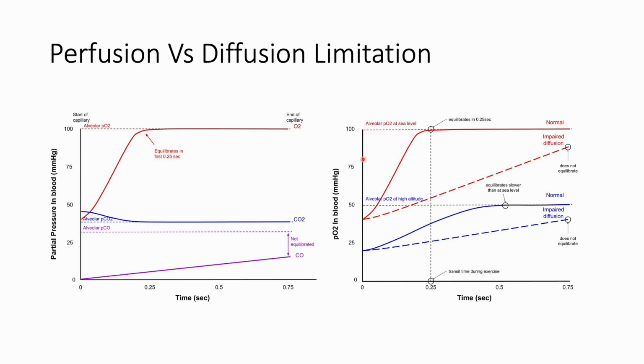Whereas when we're going from a PO2 of 20 to 50, we're operating on the steep part of the ODC, which means that every time oxygen diffuses across the alveolar membrane into the blood, it's avidly bound to hemoglobin and removed from solution, and therefore doesn't exert a partial pressure. And this is what slows the rate of rise in the partial pressure. So the similar mechanism to what's happening with carbon monoxide.